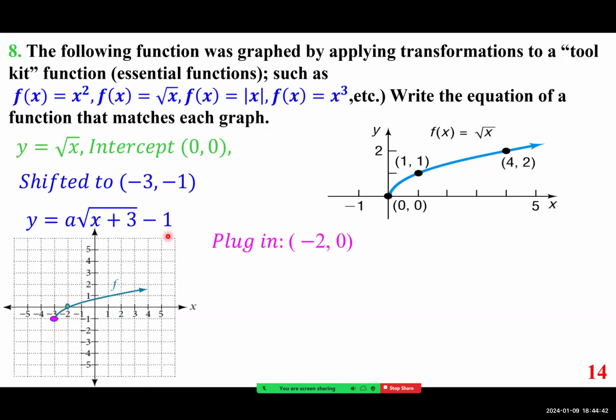So replace the x with -2 and y must be 0, find a. Now this is 1, square root of 1 comes as 1. So a minus 1 is 0, therefore a must be 1, and here's your function.